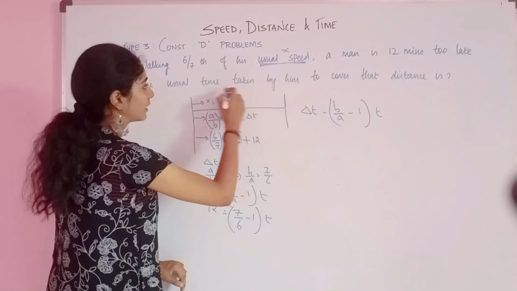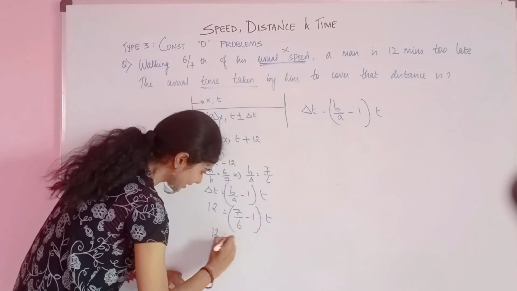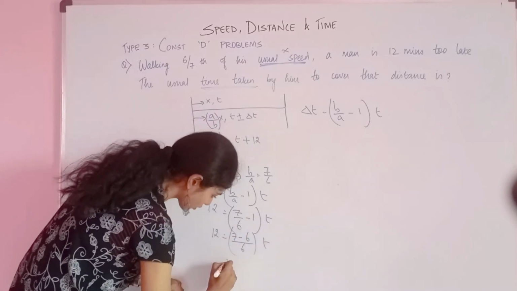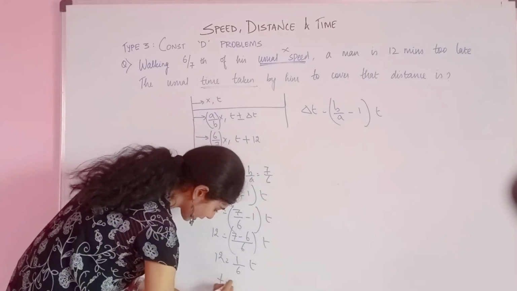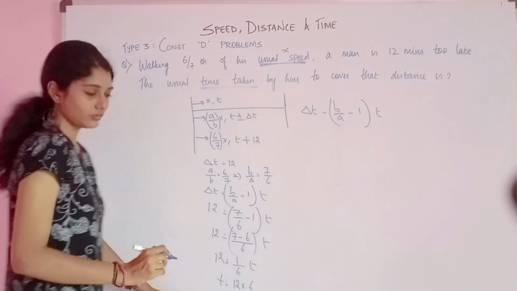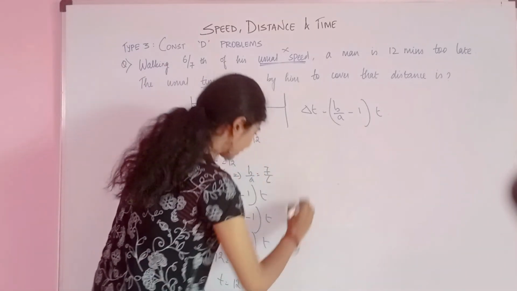And we want the time taken, exactly this t. So 12 is equal to 7 minus 6 by 6, the whole into t, which is nothing but 1 by 6 into t. So t is equal to 12 into 6. So time taken is equal to 12 into 6, which is nothing but 72.